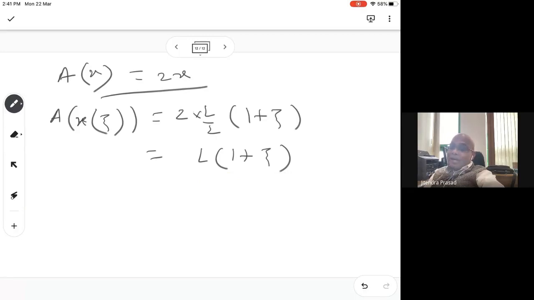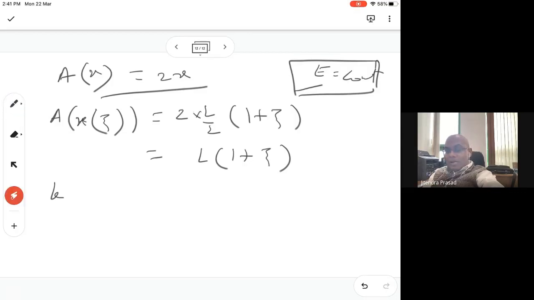Now next is finding out k11, k12, and so on. And the equation is, I'm assuming E constant, right? Yes, sir, E is constant. Okay, even if it's not constant, you can do the same kind of transformation.